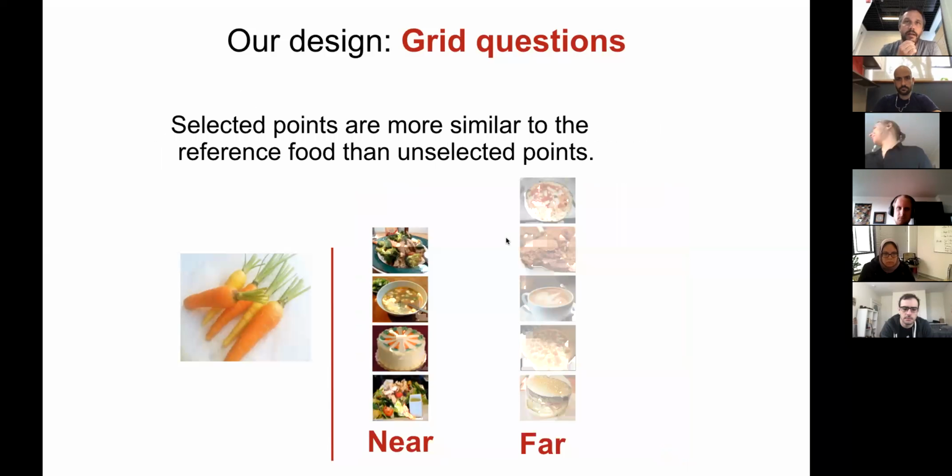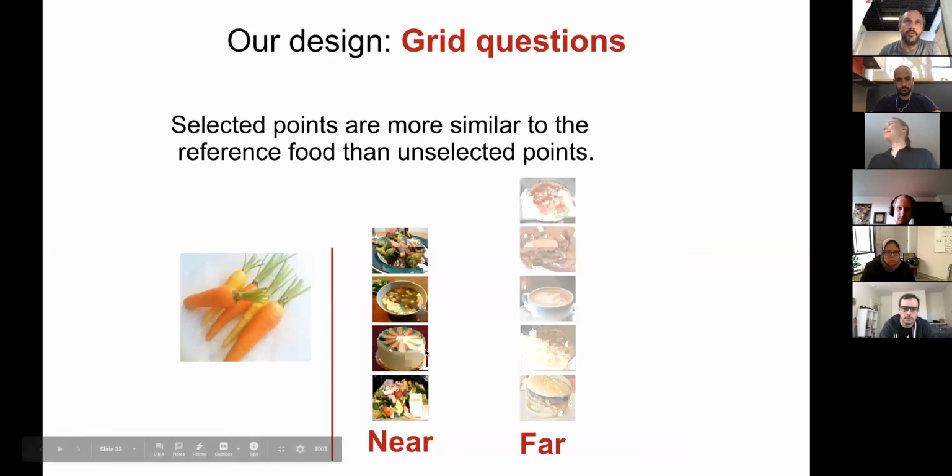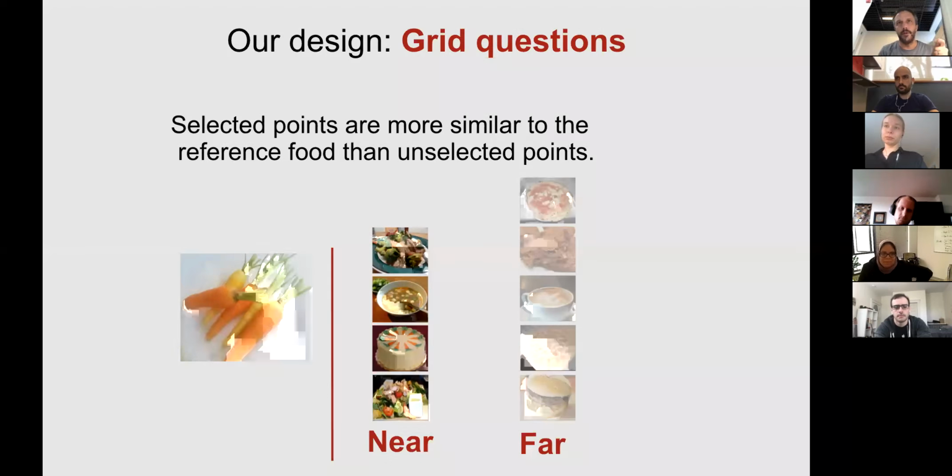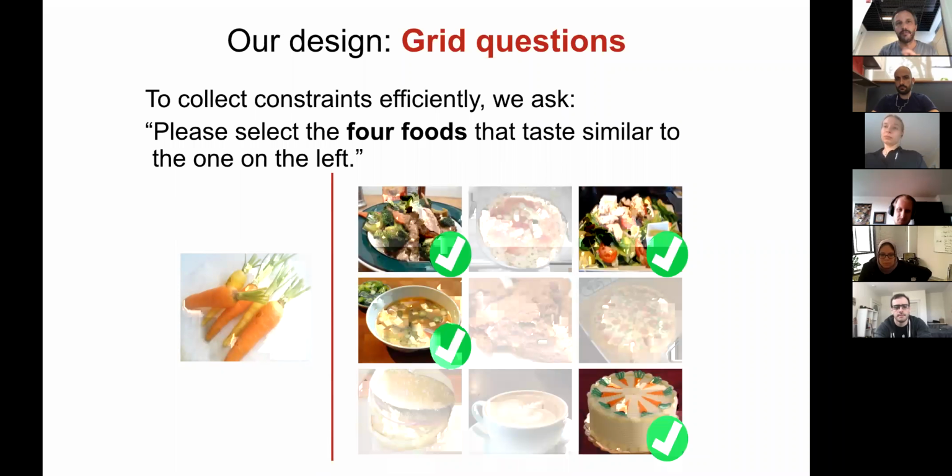By doing that, we're able to harvest a large number of triplets where we know that we can form essentially these triangles that say these are the ones that are less similar with respect to any of these pairs. Just from a bang for the buck perspective, like payment and job satisfaction, like how much the Turkers enjoyed the task, we got more data and happier workers because they liked looking at screens full of images of food.